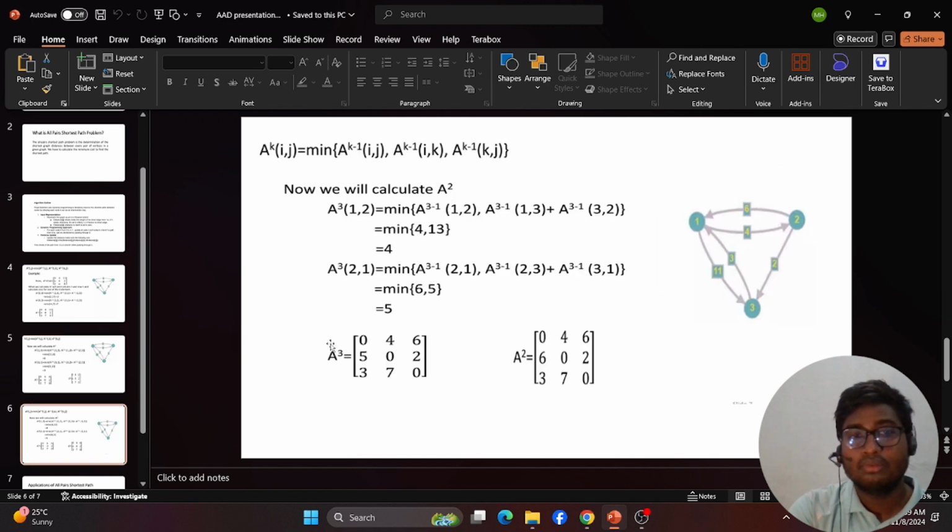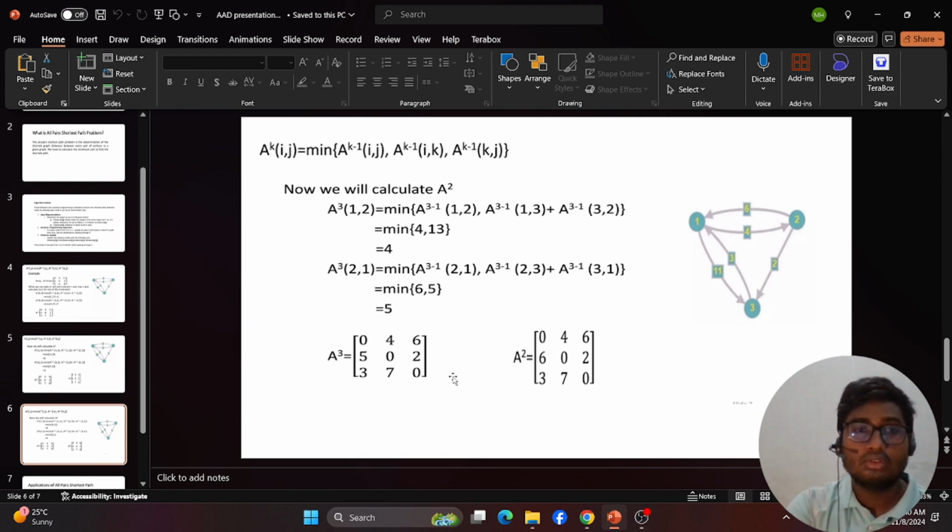And finally we calculate the A3 matrix using the same procedure by using the A2 matrix. For calculating the A3 matrix, we take the diagonal values as 0, and from the A2 matrix the third row and column values are put into the A3 matrix third row and column.